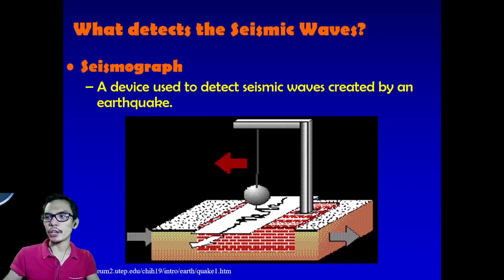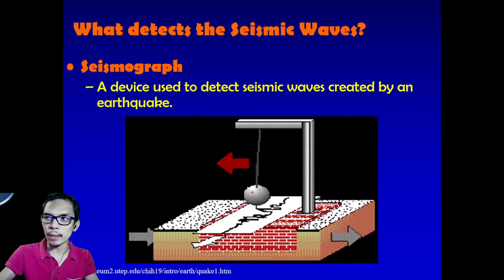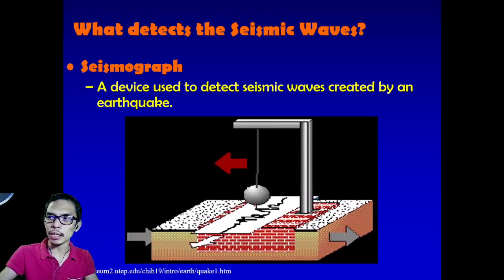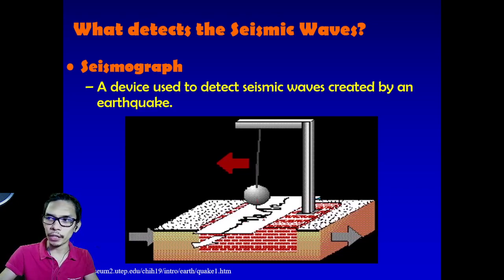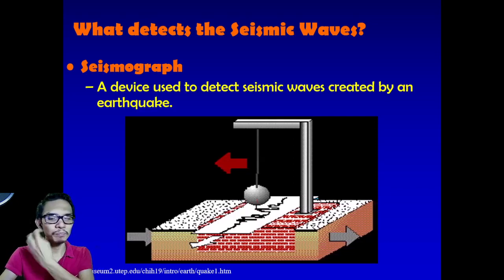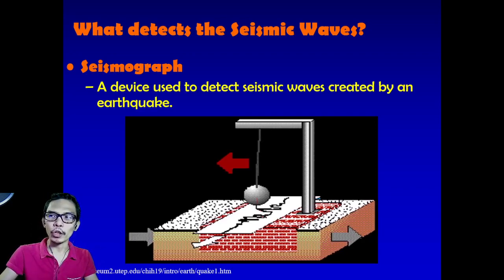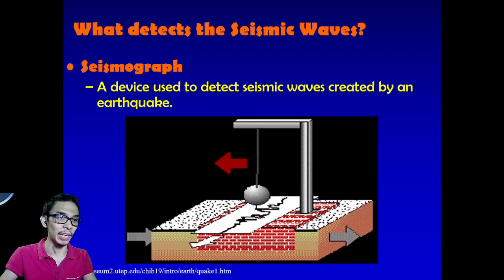It has a weight that is fixed on a string, and underneath it there is ink at the bottom, and the paper on it. Once the ground shakes, it will scribble down on the paper, corresponding to the direction of shaking. So that is the seismograph.